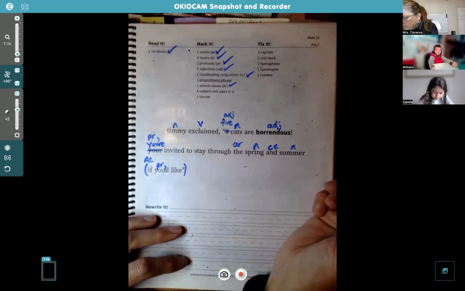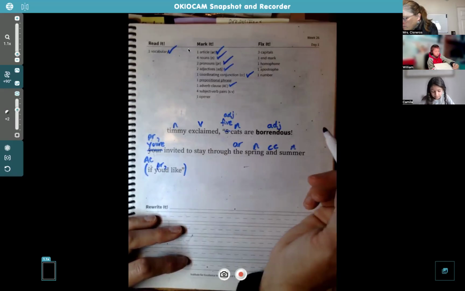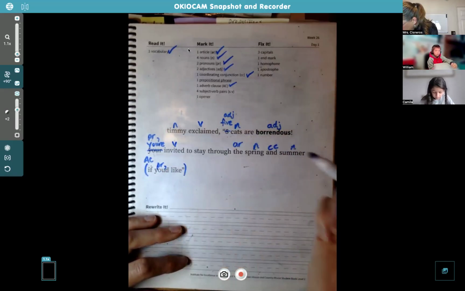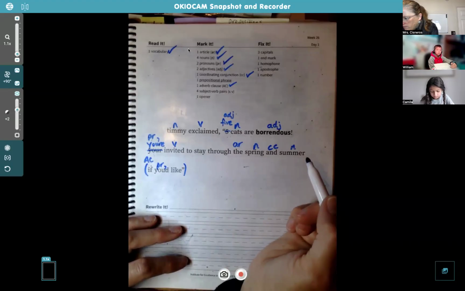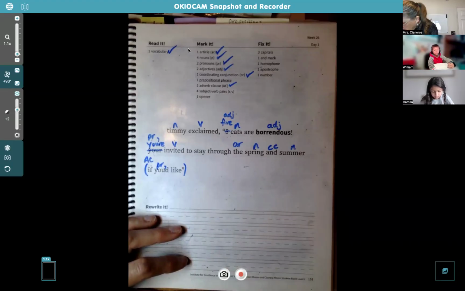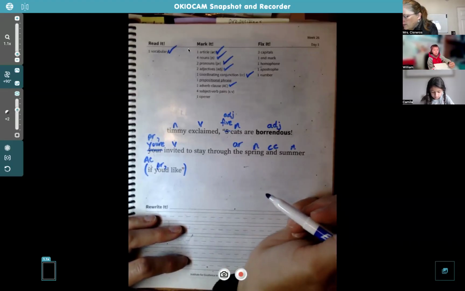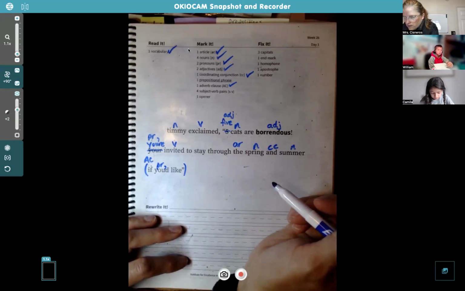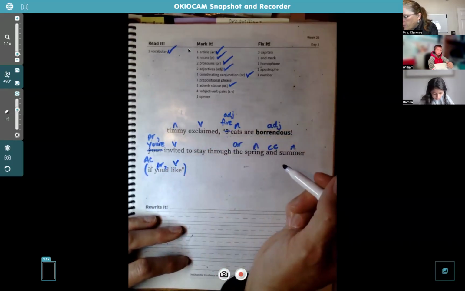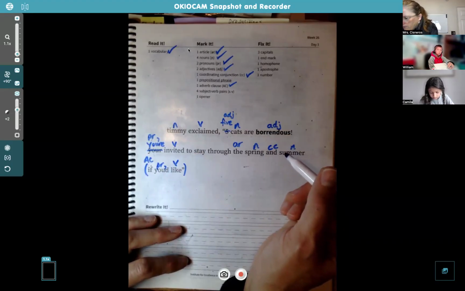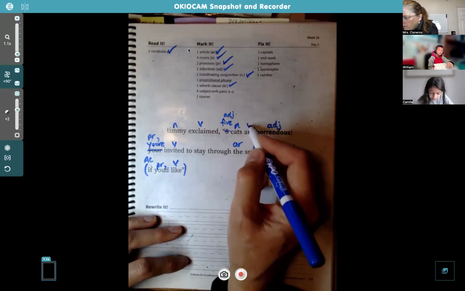Good. Invited. Good. Through. Not through, that's going to be a preposition. Like. Yes. And then there's some helping verbs in here too, like linking and helping verbs. Are. Good. Are is one.